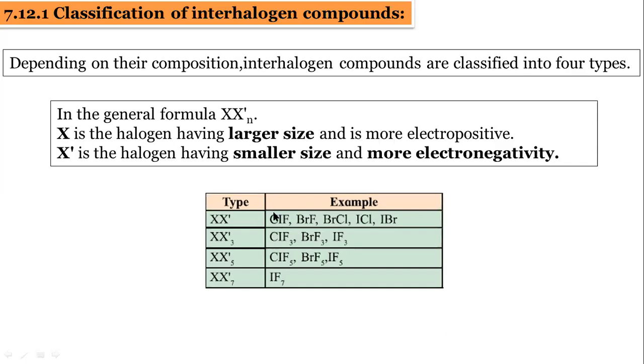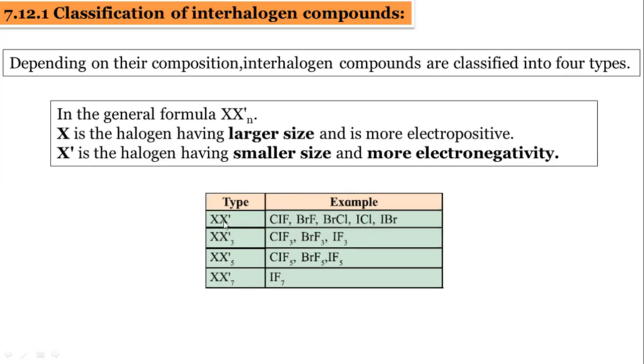Cl is electropositive, meaning its electronegativity is less. And X' is fluorine, the halogen having the smaller size. You know, fluorine has a very small size. So X' has smaller size and more electronegativity. Depending upon this composition, interhalogen compounds are classified into 4 types.